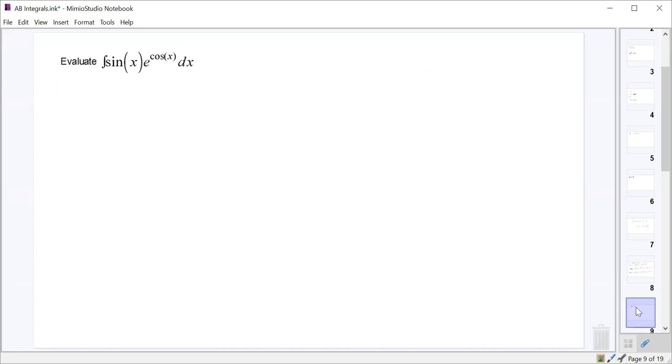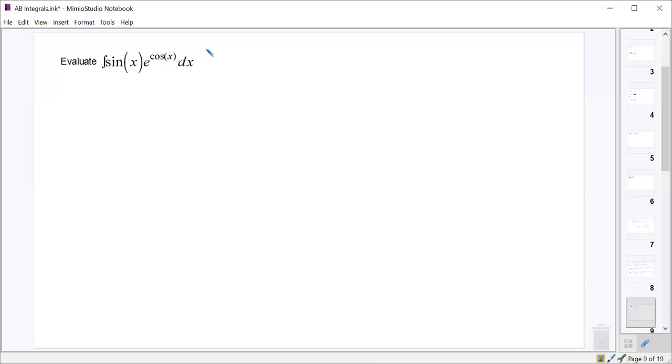We're going to substitute some portion of this out so that we can write it as a simpler function in terms of u that we know how to integrate. But when we write it as a simpler function in terms of u, we have to be able to replace the dx with a du. And so that's going to be sometimes the more difficult thing to do.